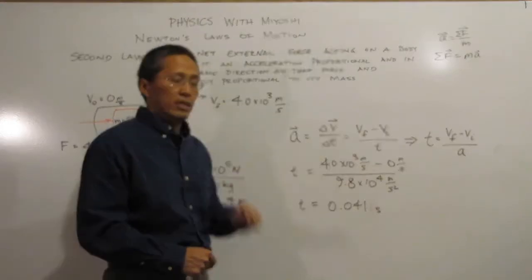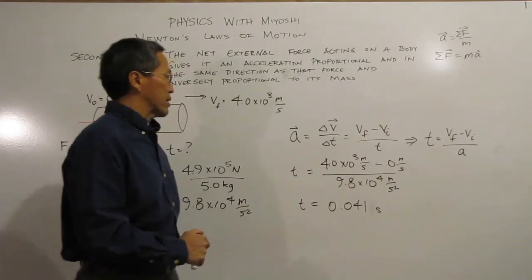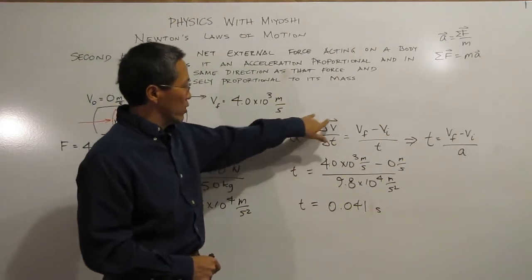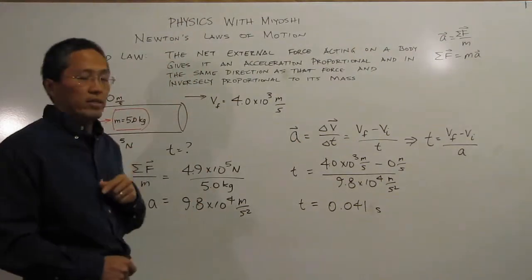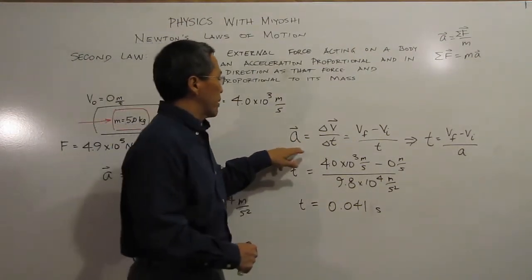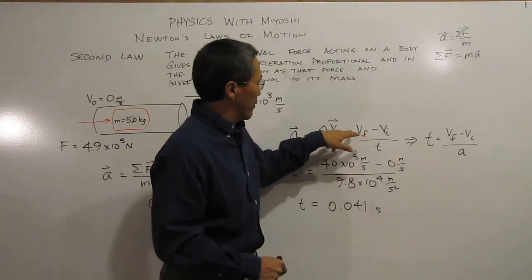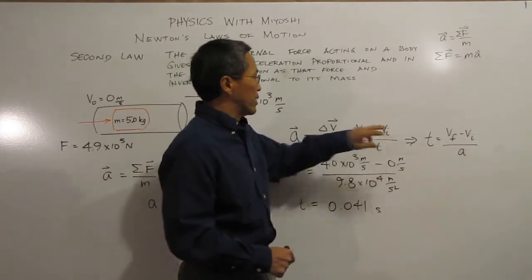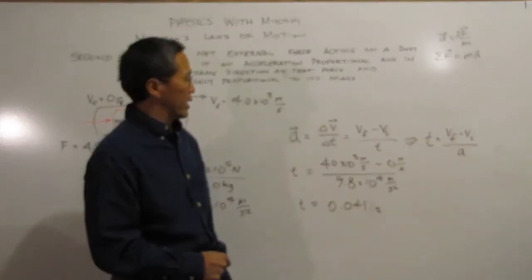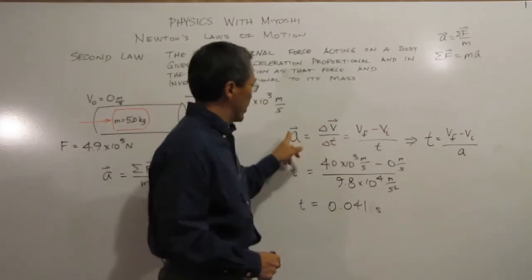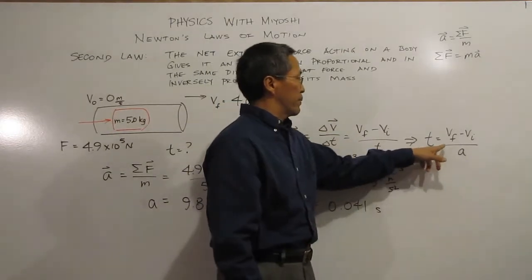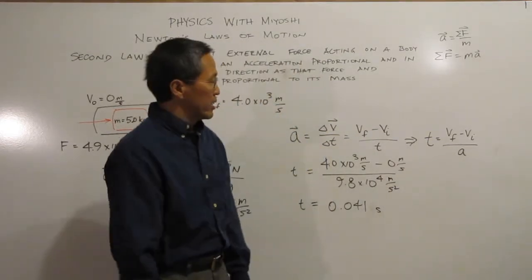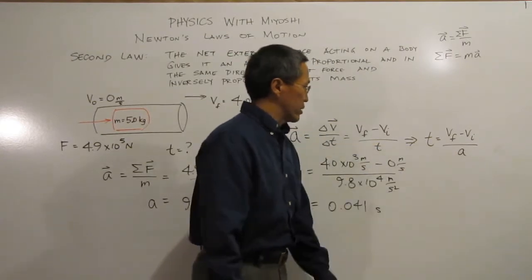Again, remembering that our acceleration and velocity are vectors, we can ignore that a little bit because we know that they're going in the same direction. We can change our delta V to VF minus VI, or if you like, that could be changed to a VO. And then we're going to rearrange this equation so that our time is VF minus VI divided by our acceleration.